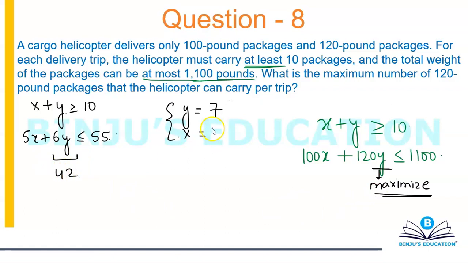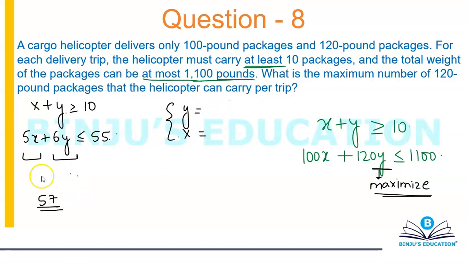In that case, x has to be 3, because it says at least 10. So if this is 3, then this will become 15. Then this will give you an overall sum of 57. This is also out, because I need a weight of less than or equal to 55.